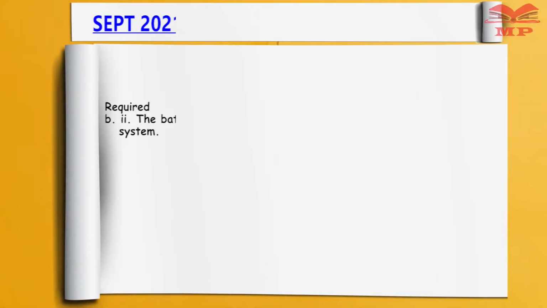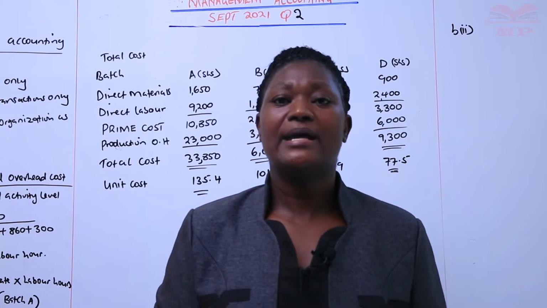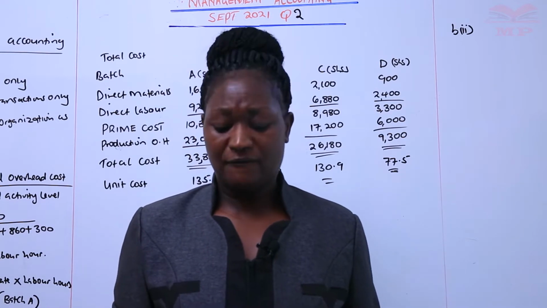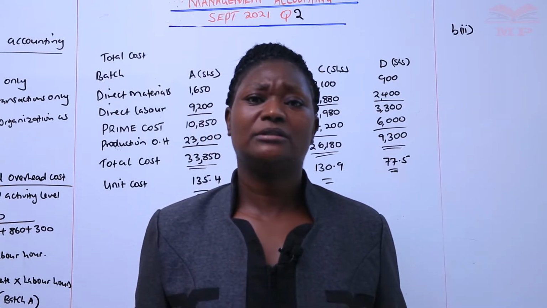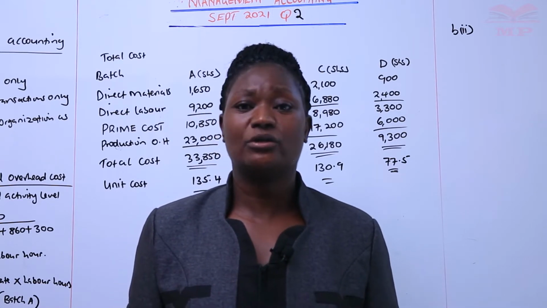Question 2 is the batch cost and unit cost using activity-based costing. That is the ABC system, where we assume that we have what we refer to as cost drivers. Cost drivers are those activities that cause cost to be incurred in an organization.